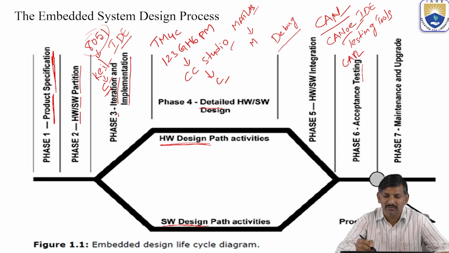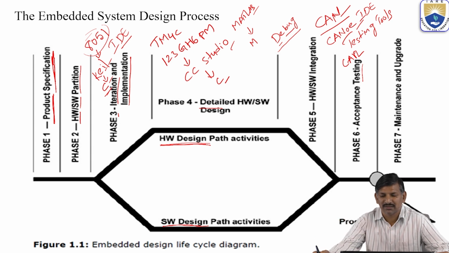Bug means error, de means removing. So remove these functionality errors, not syntax errors. While compiling, we get the syntax errors. Even when syntax errors are 0, the response may not be in the desired manner, so we need to use debugging tools.